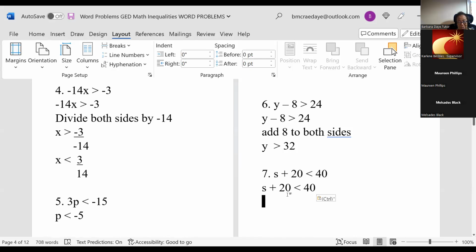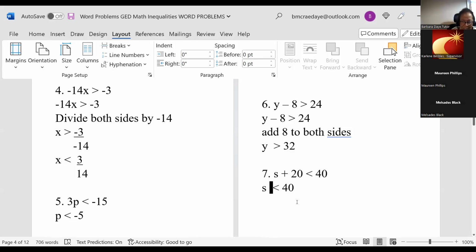Okay, Mercedes, you can tell me then. What's the answer? S is less than 38.